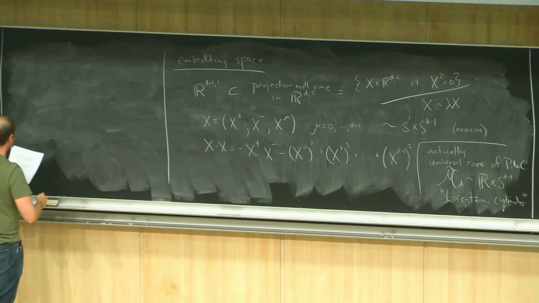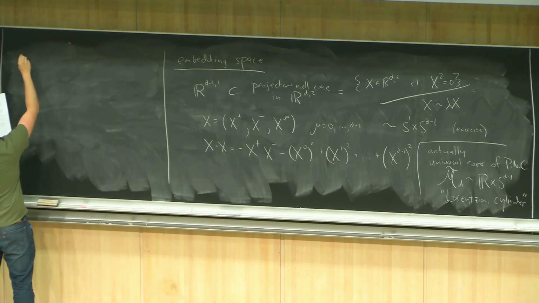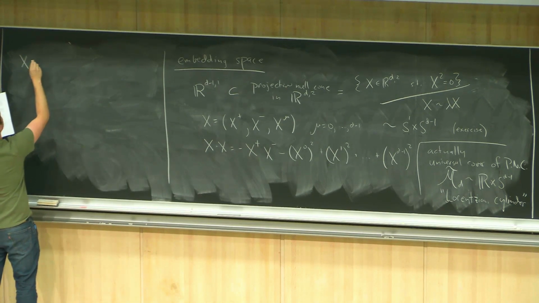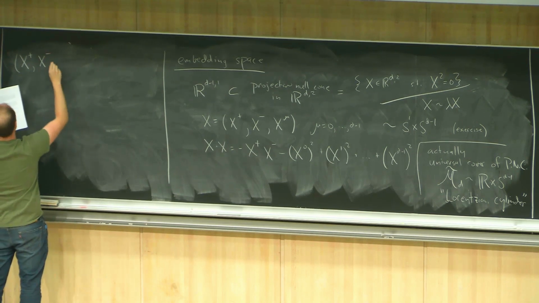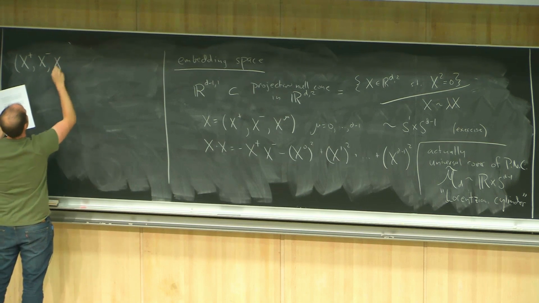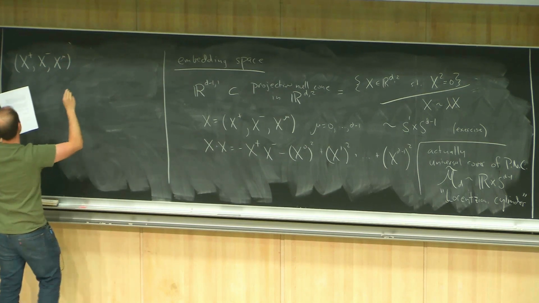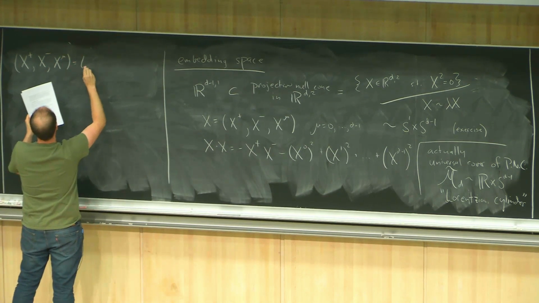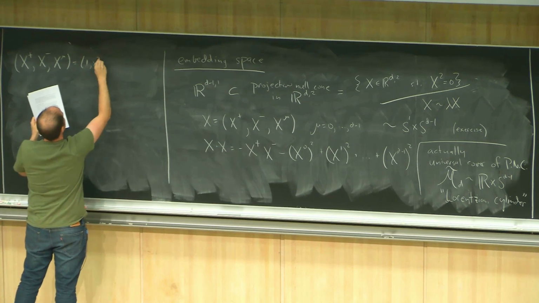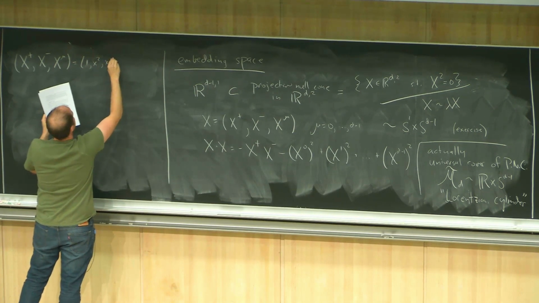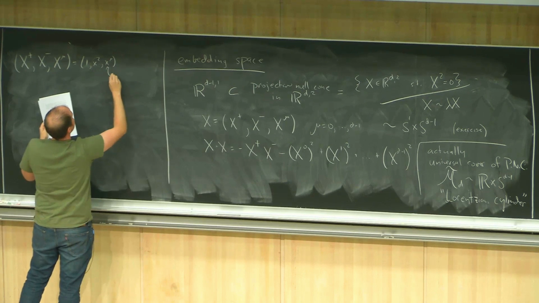So I think a picture will probably help make this clearer than anything else. So Minkowski space is a particular patch in the embedding space, and it's described by these coordinates. So here, this is a point in Minkowski space.